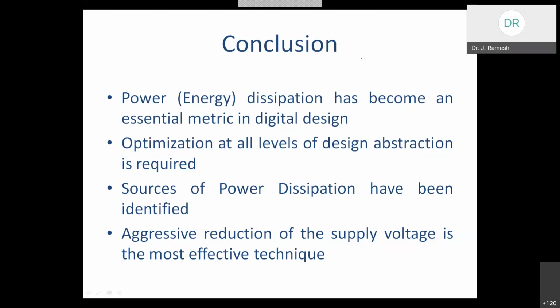The technology is meant for 1.2 volts or 2.5 volts, so we reduce the supply voltage with the available technology features. But at the same time, we have to make sure the delay is not becoming worse.